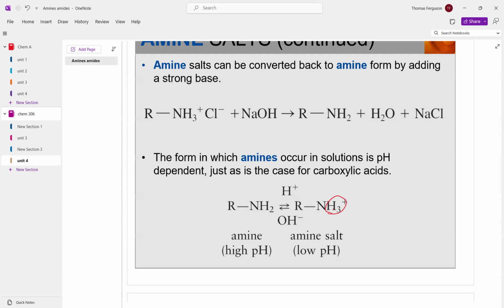So you can manipulate the ionic character of that nitrogen by changing the pH. Just like the way I worded it on the test: describe the ionic state of this.